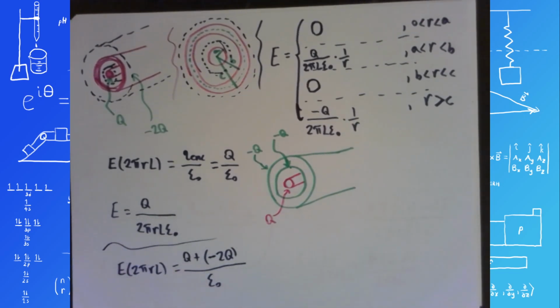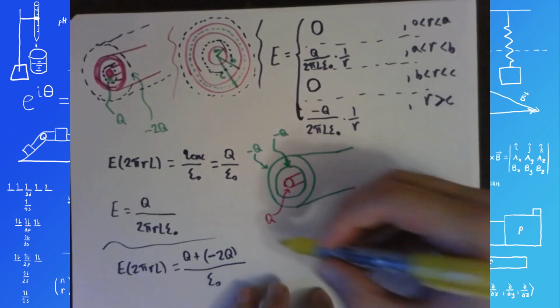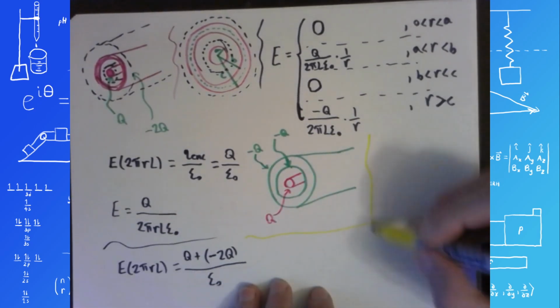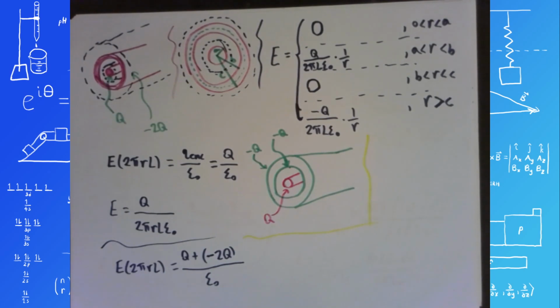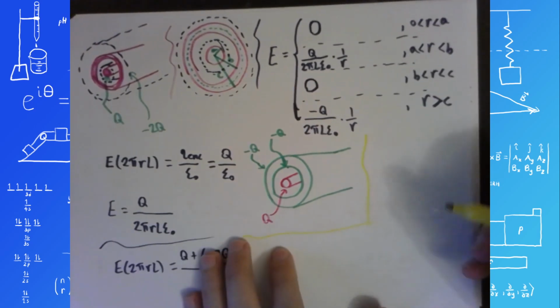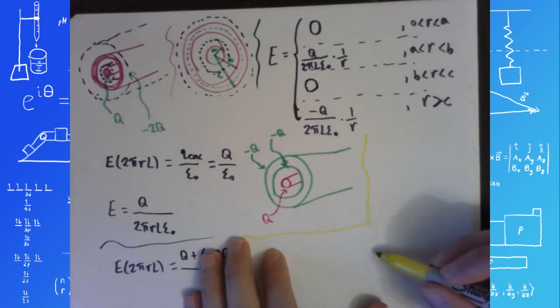Okay, so the next scenario that I have is an infinite charged sheet and an infinite conducting slab. I guess before I do that, let's talk about how we work with planar symmetries.